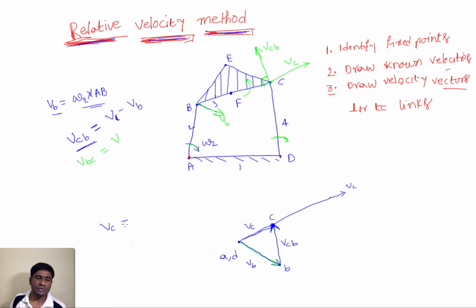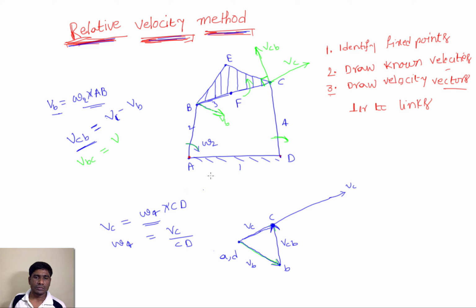We know VC from this diagram, and that is nothing but omega 4 into CD, and we know CD. From this equation we can calculate omega 4. So omega 4 equals VC by CD. And if you want to calculate the angular velocity of link 3, how to calculate?